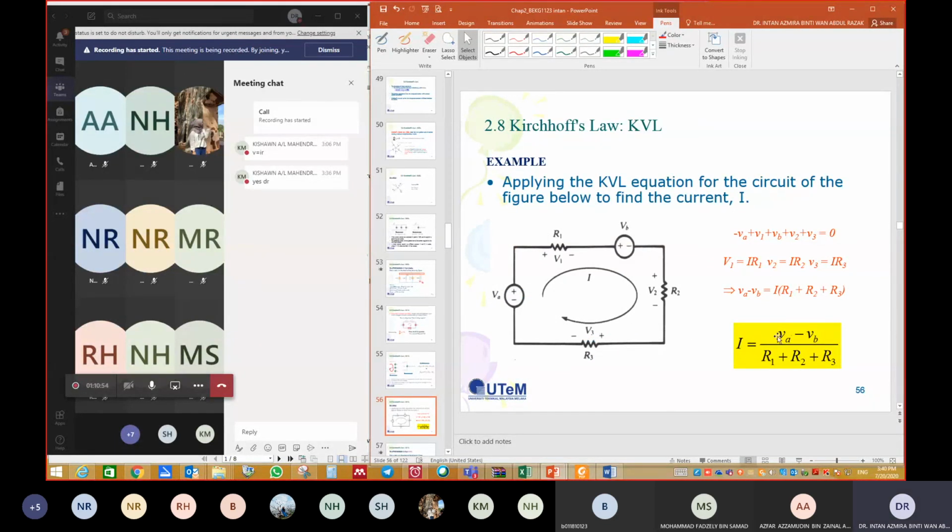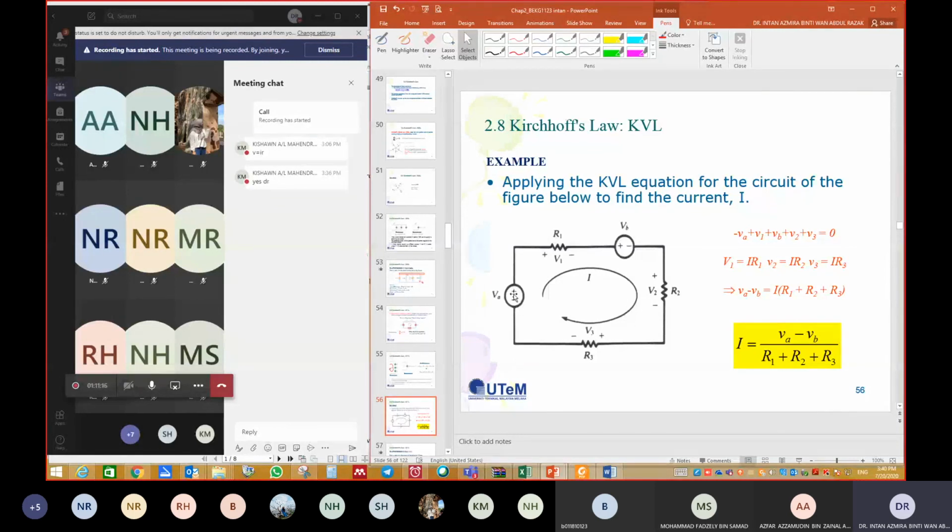So I is equal to, we have two voltage sources here, VA and VB. This is the arrow of current. In this equation, it uses the first sign. The first sign is negative.